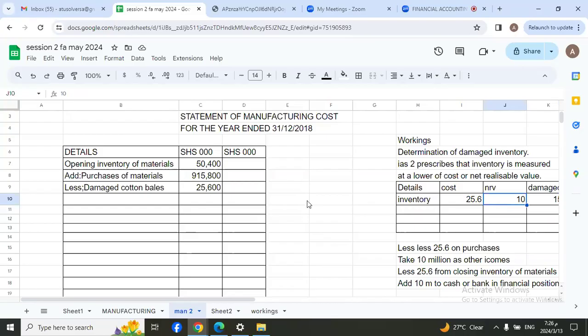Remember, sales come from purchases. That's why I'm telling you, from these total purchases, we come and remove the 25.6. Then when we come to our expenses down, we shall reduce the 15.6 as our damages, which will be an expense for the year.